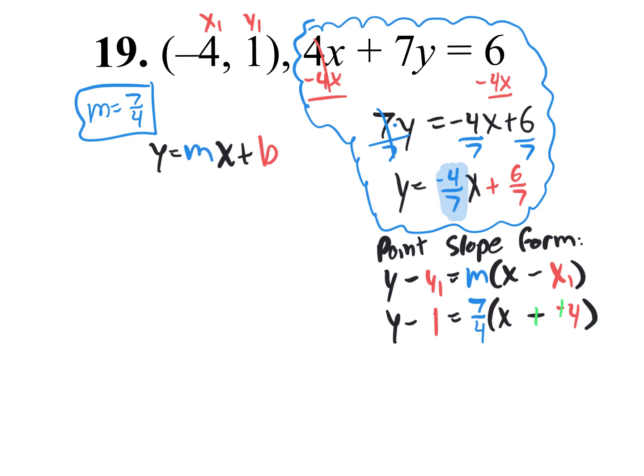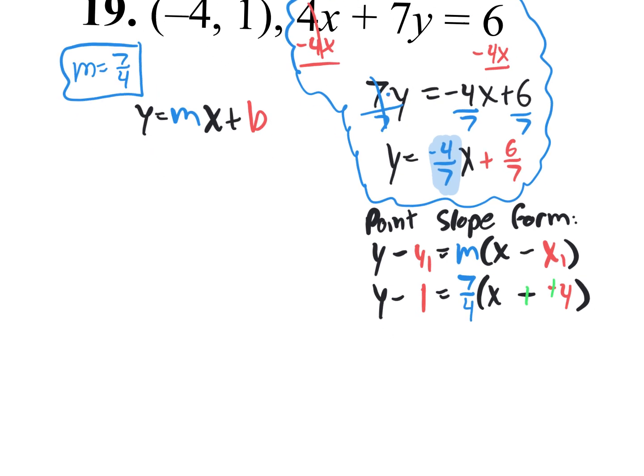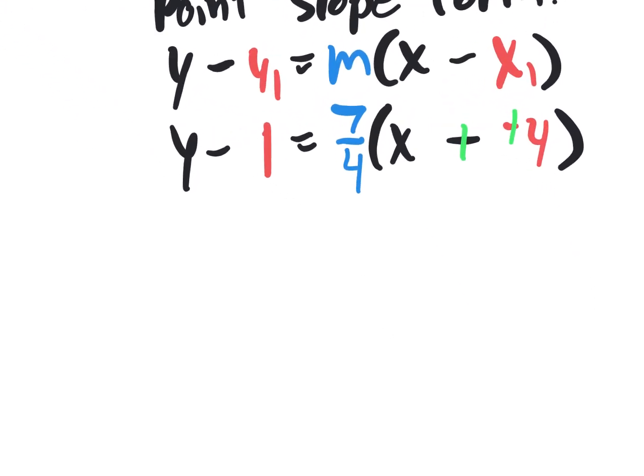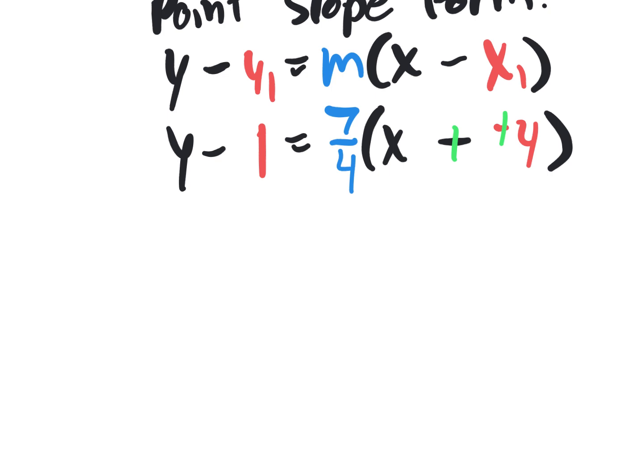So in order to change this to look like that, we have to get rid of the parentheses by distributing the fraction, and then getting rid of the -1 by adding 1 to both sides. However, that's going to require some work. If this were an ugly fraction, like let's say 7/9, it might be worth getting rid of the fraction and multiplying everything by 9.